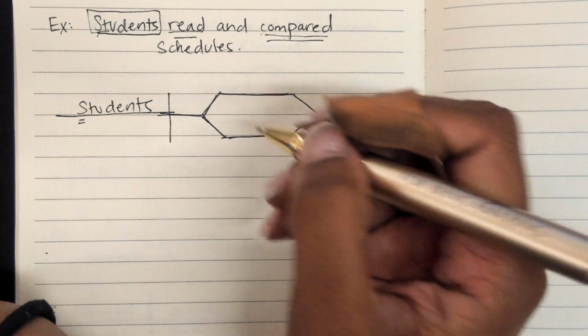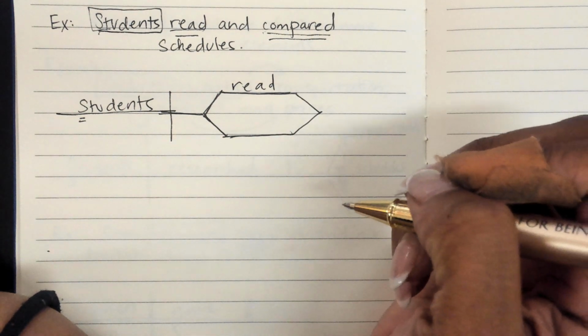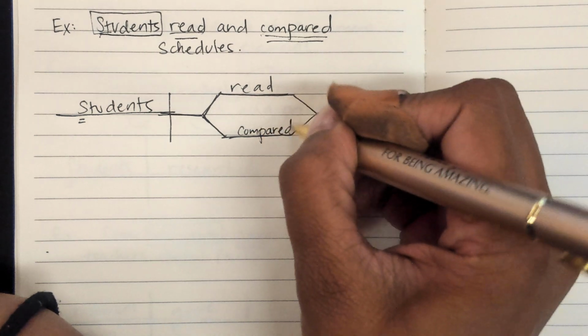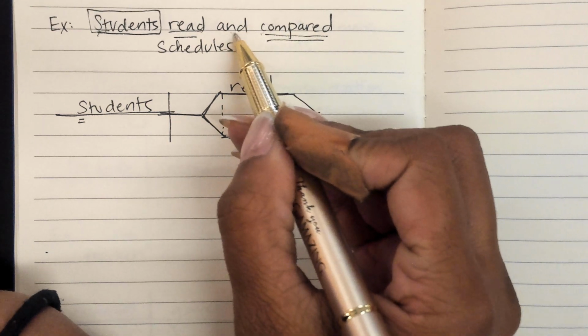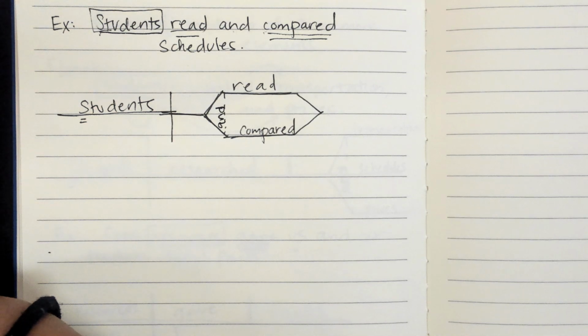And on top, I'm going to put my first verb, which is read. And on the bottom, my second verb, which is compared. Now, what word do you notice that connects these two? Yes, you see and. And is a conjunction. It is connecting the 2.